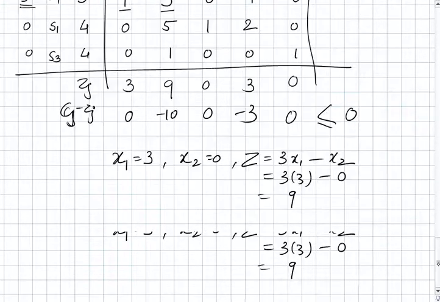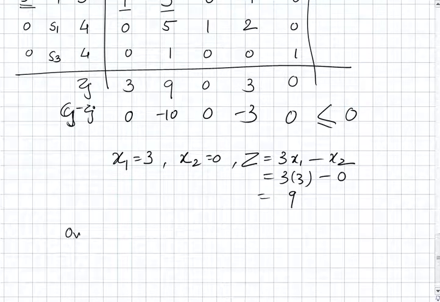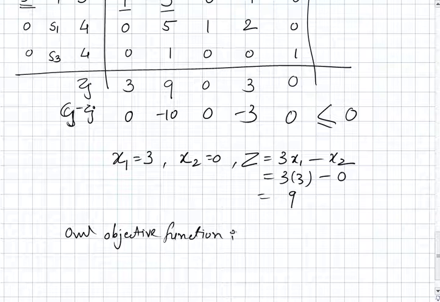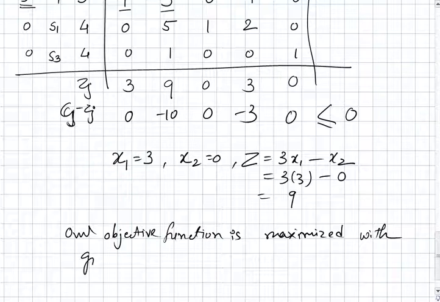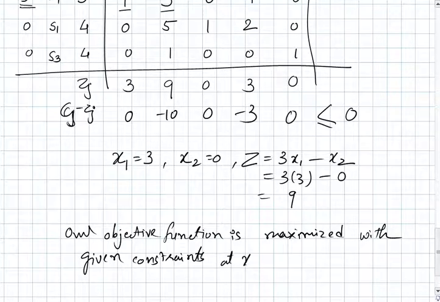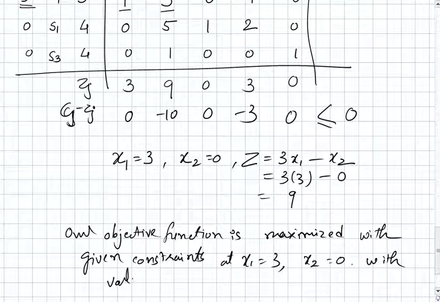So our objective function is maximized with the given constraints at x1 equals 3, x2 equals 0, with the value of z equals 9.